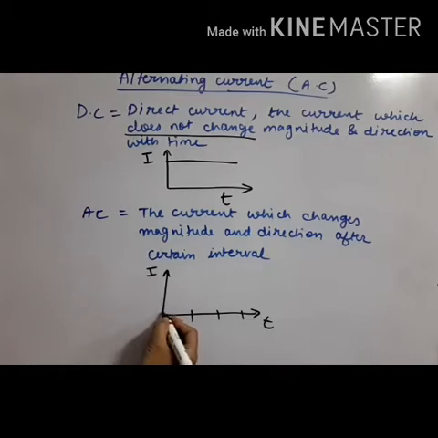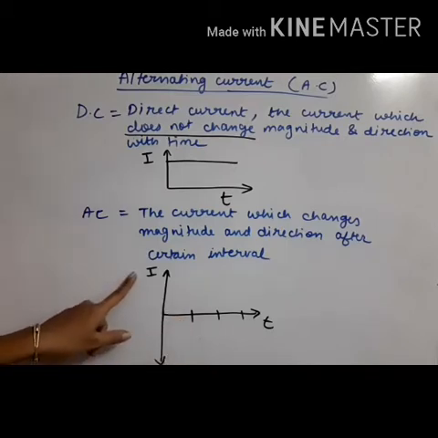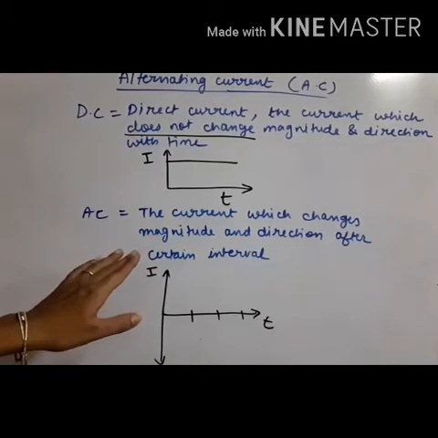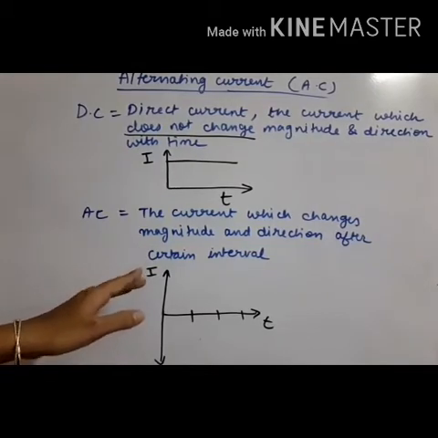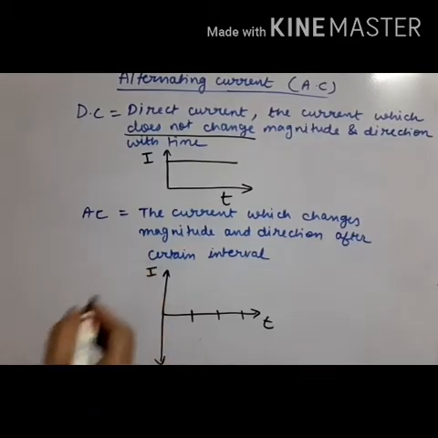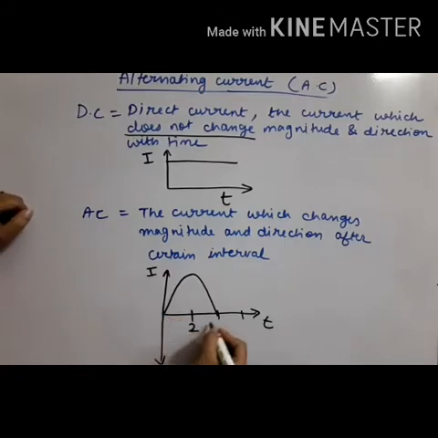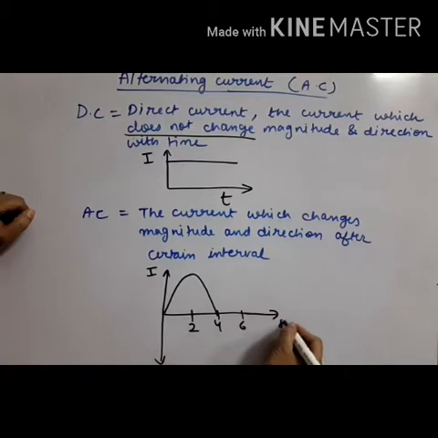For some fixed time the current flows in one direction, and after a fixed time the current changes its direction, and along with the change in direction it changes the magnitude also. Suppose this is 2 second, 4 second, 6 second and then 8 second.